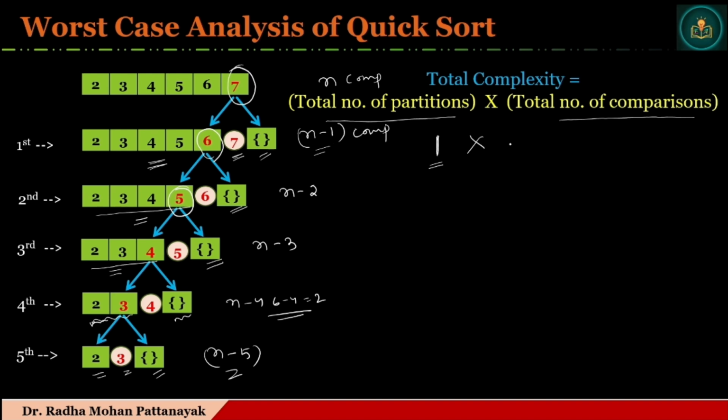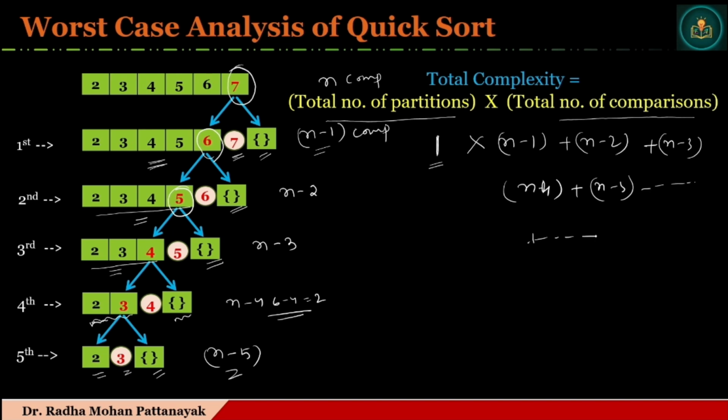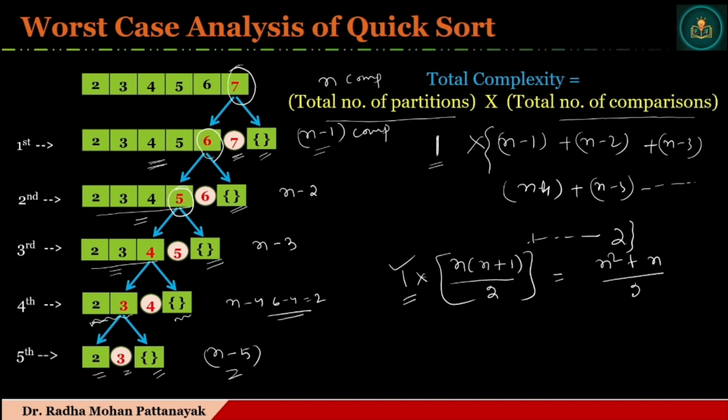So first time it is multiplied by n minus 1, then second time n minus 2, third time n minus 3, fourth time n minus 4. Like this, it will come down to 2 comparisons. Now find the value of this series. The value of the series is n into n plus 1 divided by 2, multiplied by 1. Now if you solve it, you will get here n square plus n divided by 2.